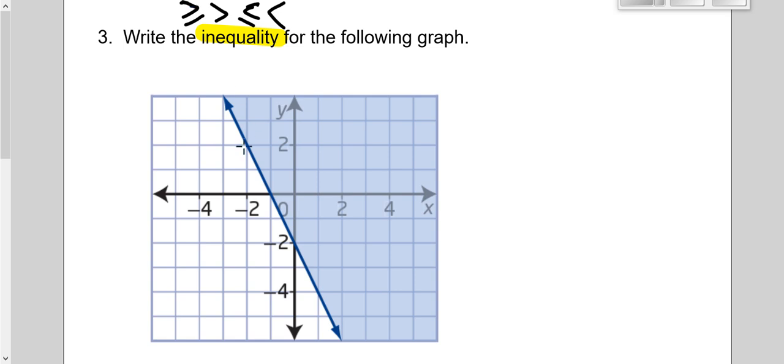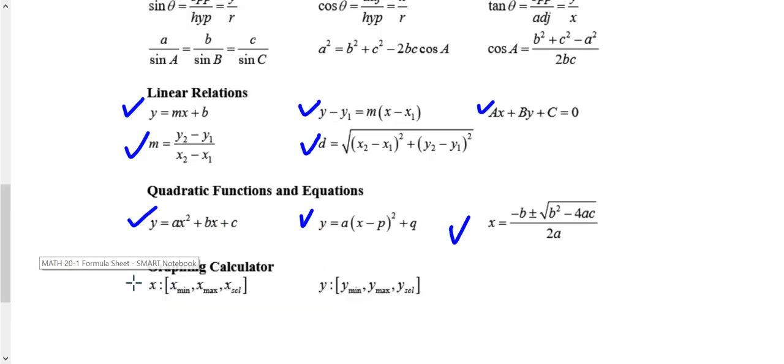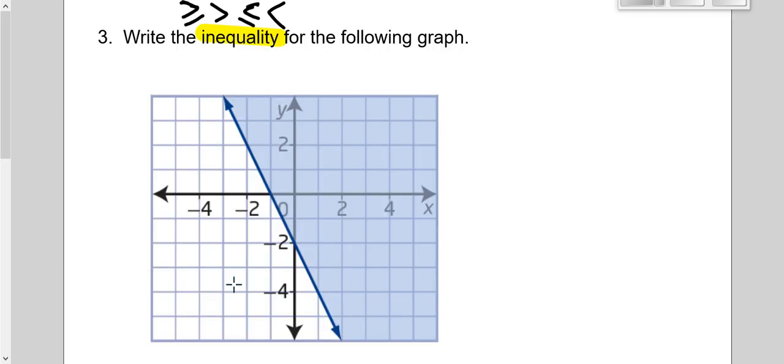Second thing is when you look at this graph here, this line, the boundary line, it is linear. Okay, so if you don't know what that means, you can look at your formula sheet. So for a linear equation, we may want to take advantage of the slope-intercept form, y equals mx plus b.